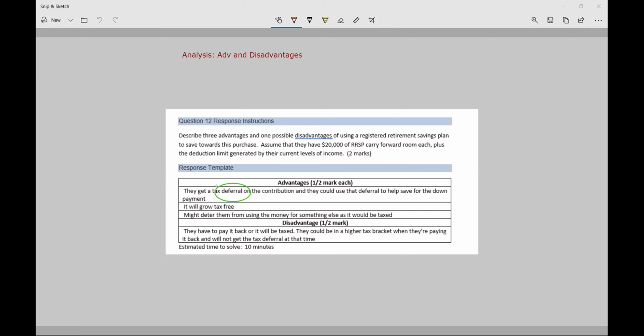And what I would point to here is not a deferral, but a deduction. Okay, there is a deferral, but it's not a deferral on the contribution, although I know you could make maybe a philosophical argument here. Yeah, I would point to deduction versus deferral.